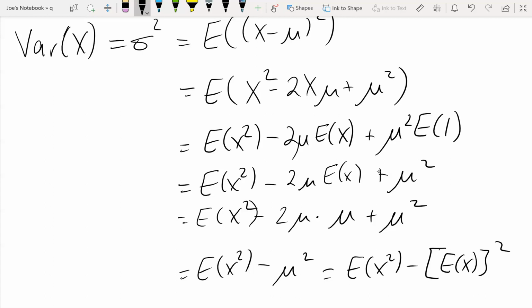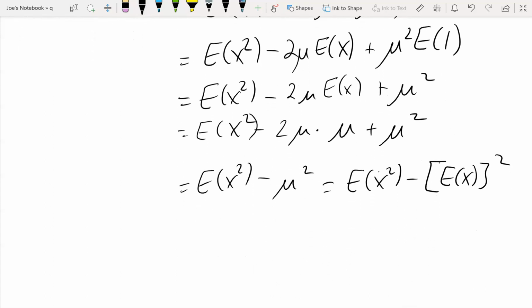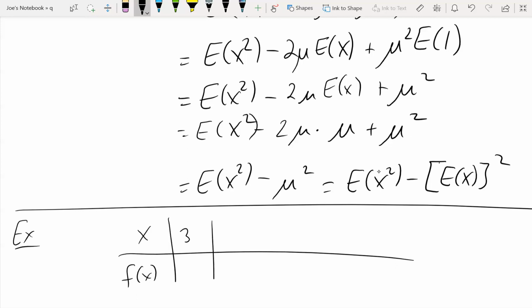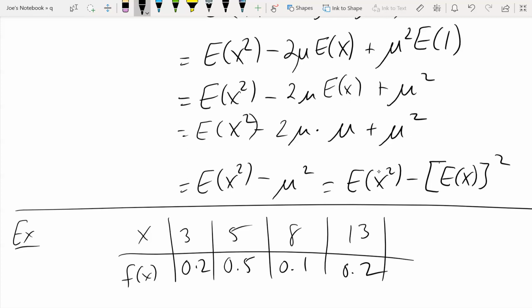So let's do one. Let's say I gave you a PMF that looked like this, where I've got my x.